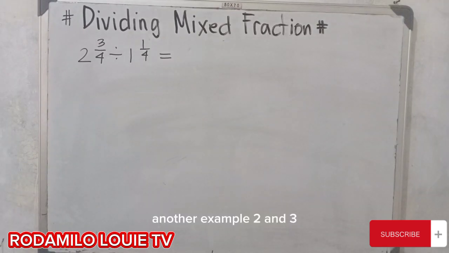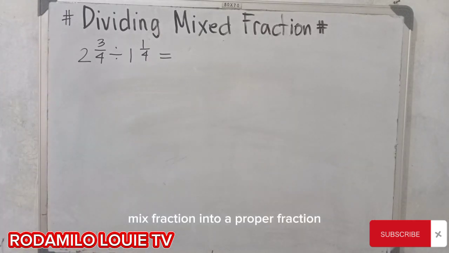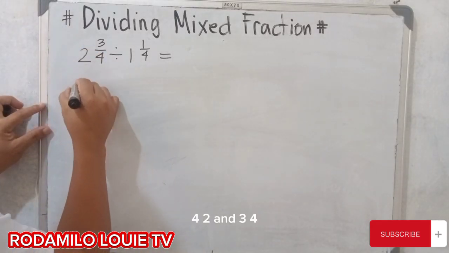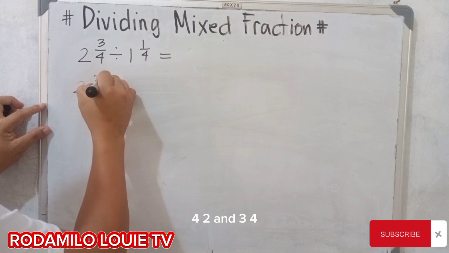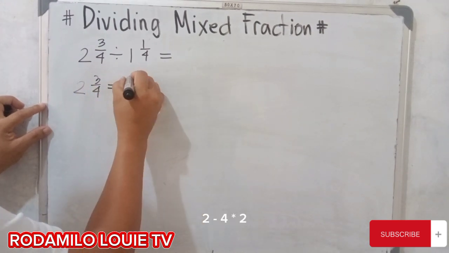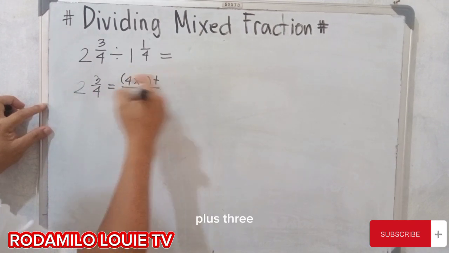Another example, 2 and 3/4 divided by 1 and 1/4. It's the same process: we rename the mixed fractions into improper fractions. First, the 2 and 3/4: 4 times 2 plus 3.